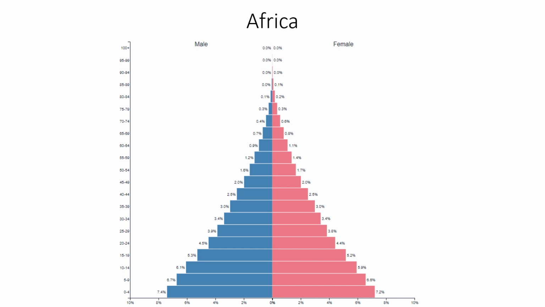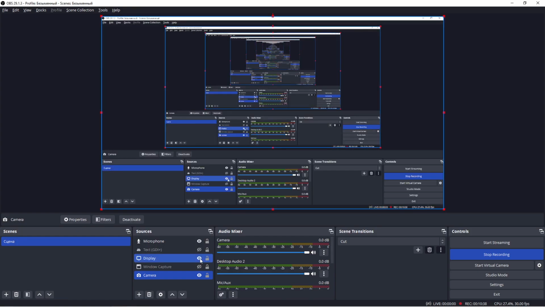We can conclude that typical families in Africa have a lot of children, 3, 4, maybe 5 children. So we have the biggest age group recently born. This pyramid tells us that this continent has really big potential to grow in the expected future. This was Africa.